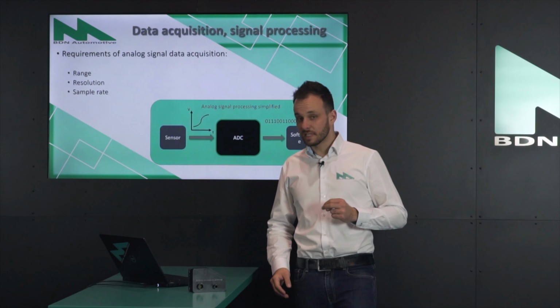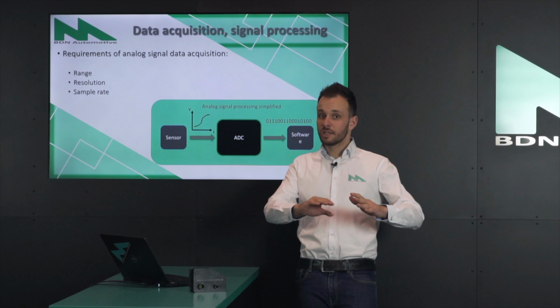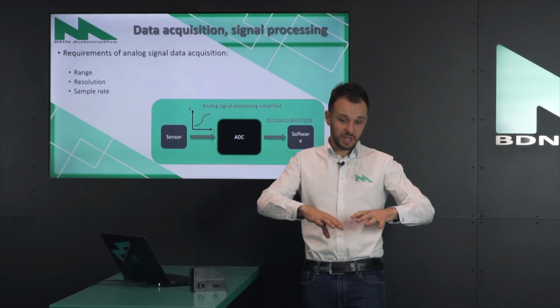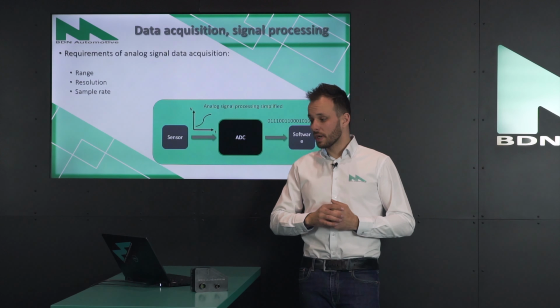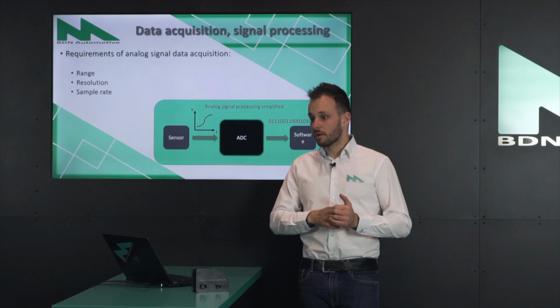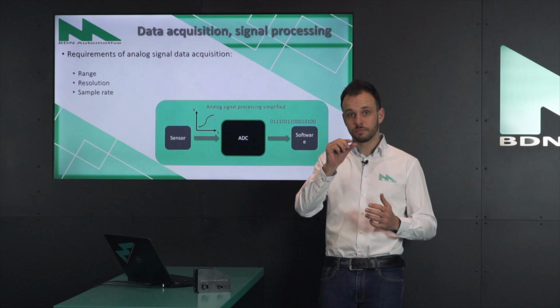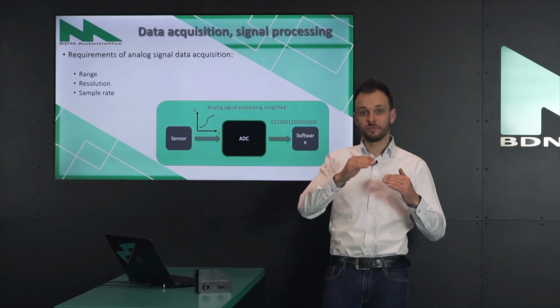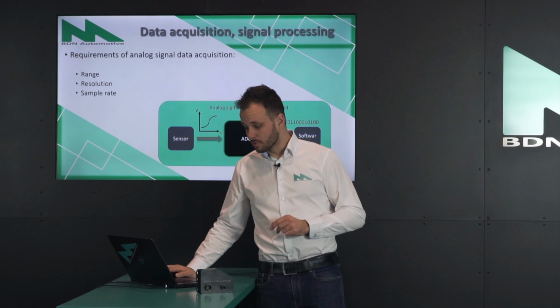Second, the sensor's resolution. Here again, I'm talking about the bitwise resolution. Our ADC is a 12-bit ADC, which means there are 4,096 different points you can differentiate. The third one is sample rate, but for that, let's move on to the next slide.